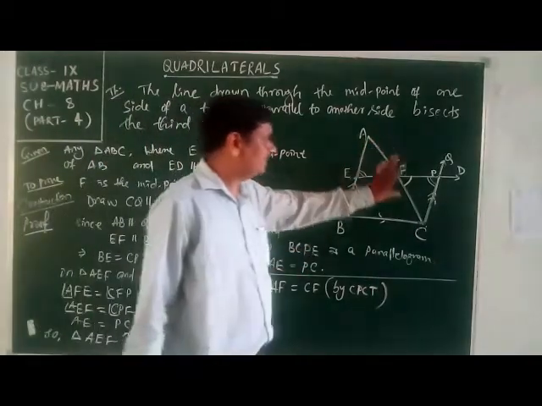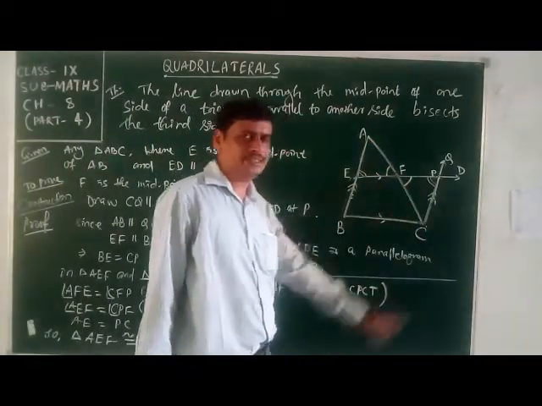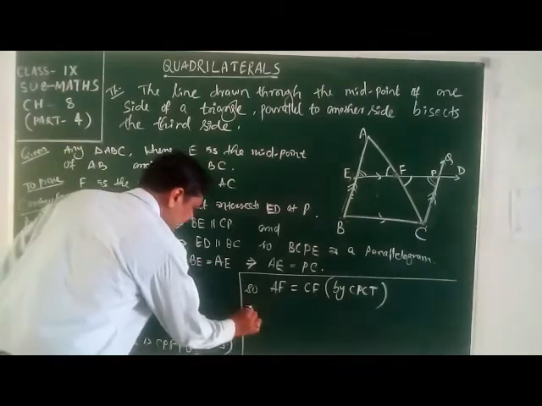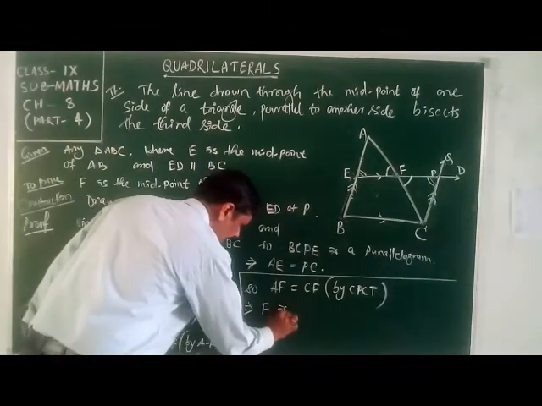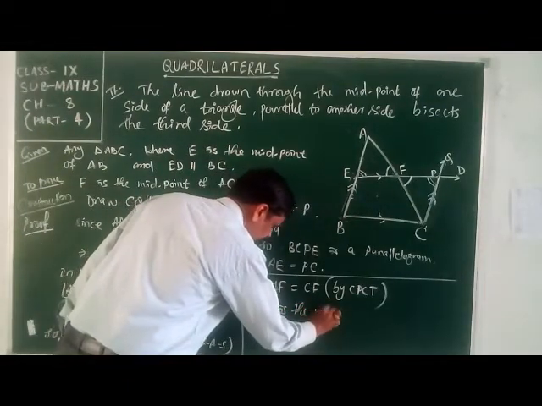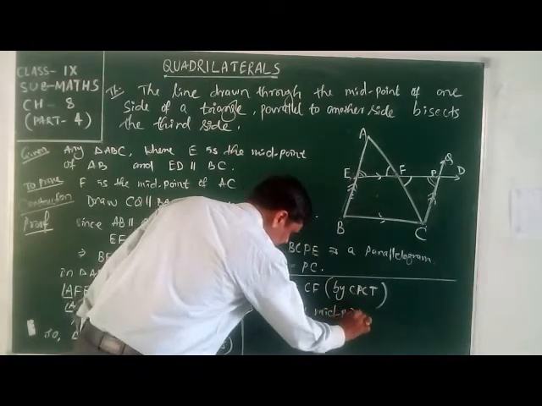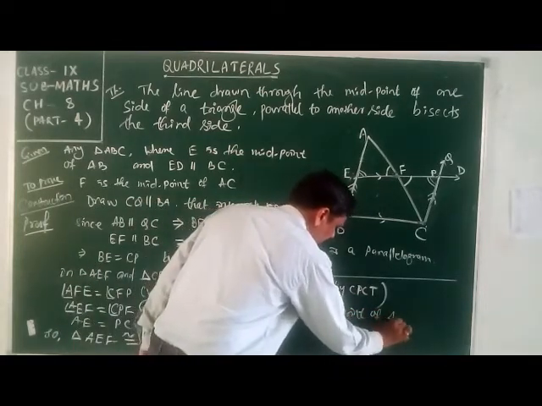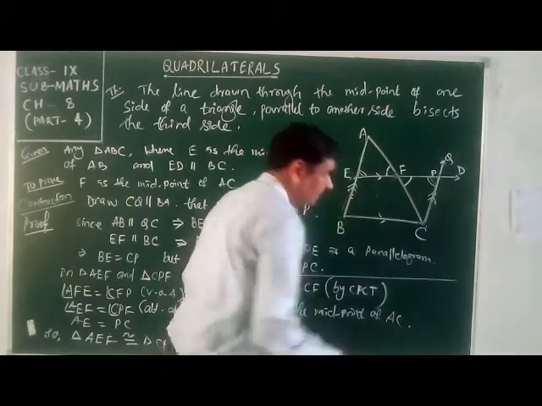Since AF and CF both are equal, so F is the midpoint of AC. This implies F is the midpoint of AC. It is proved.